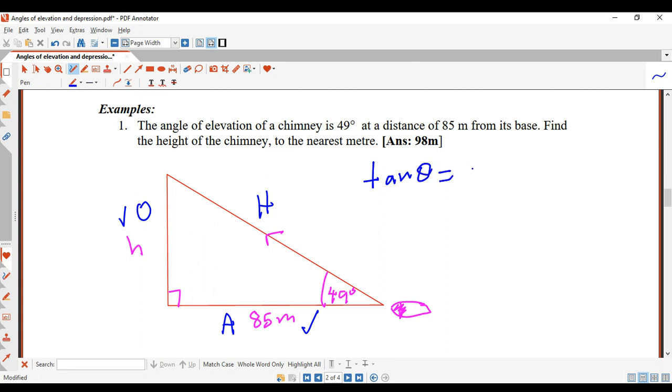Let's write down tan theta equals opposite divided by adjacent. And then tan 49 degrees is equal to h over 85.